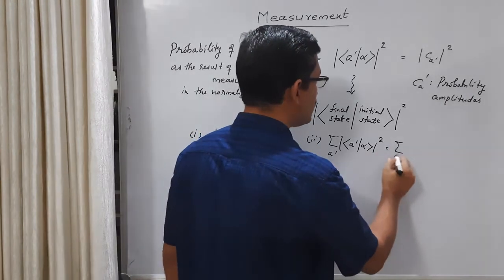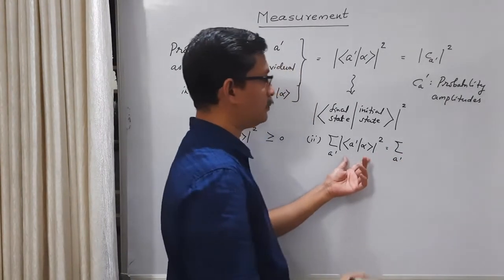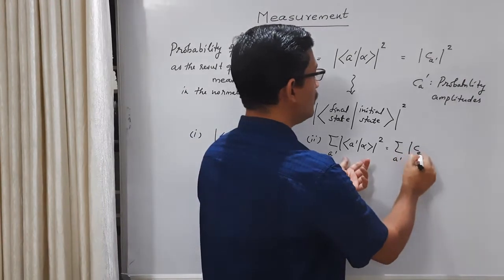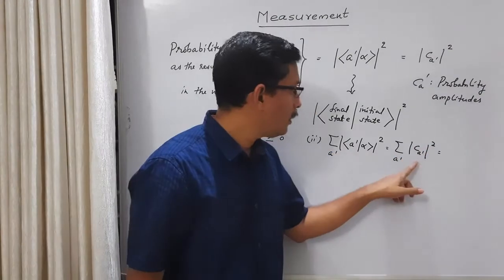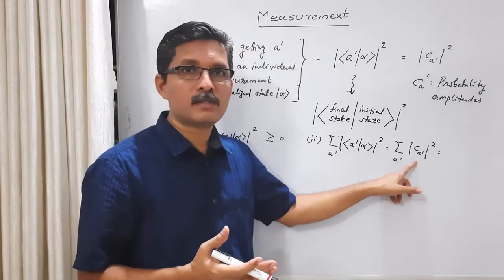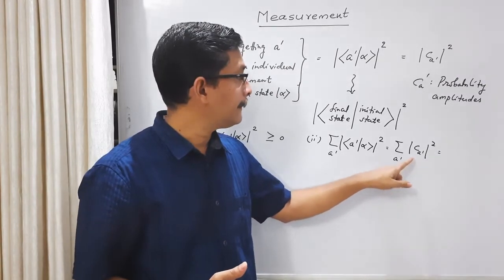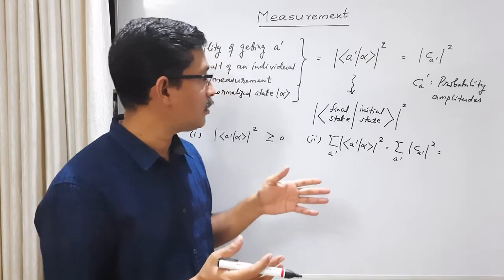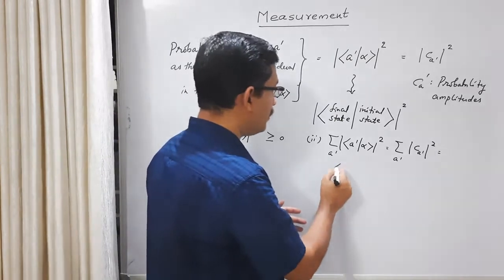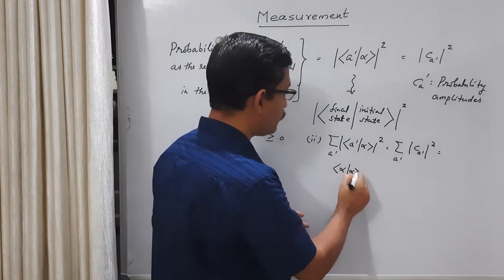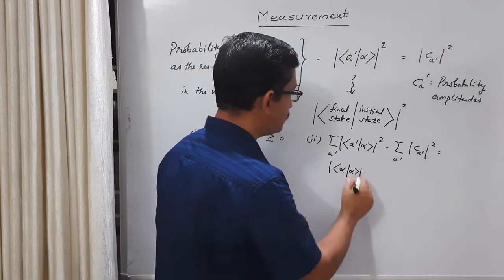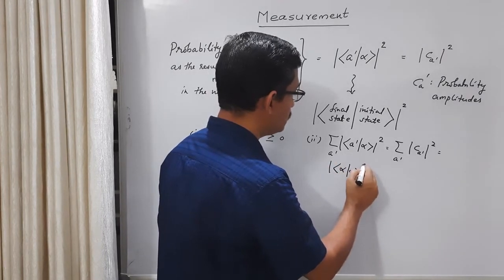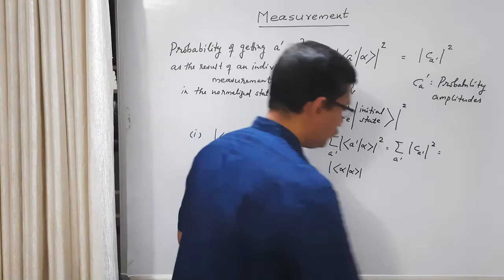This is equal to summation over A prime, and we know that this is the expansion coefficient, so it is modulus C A prime squared. In one of the previous classes, we showed that if ket alpha is normalized, the normalization condition is that bra vector alpha, ket alpha is equal to 1.